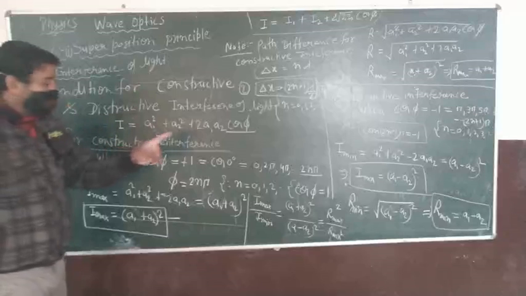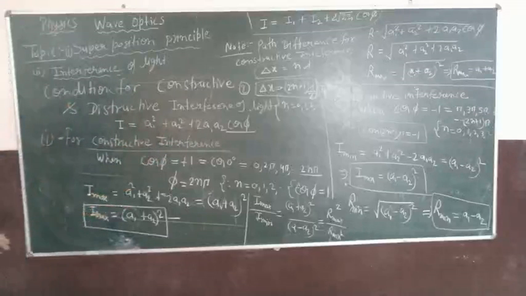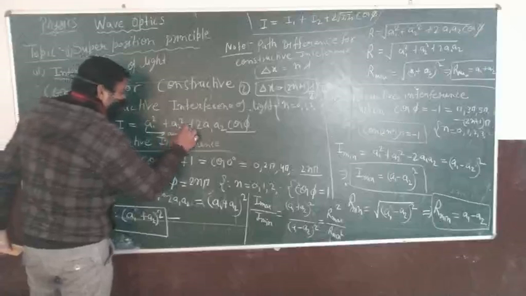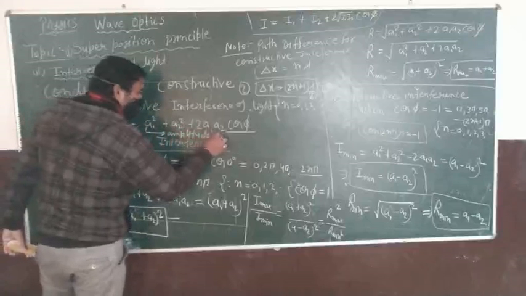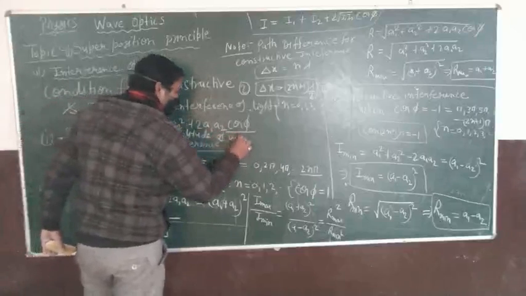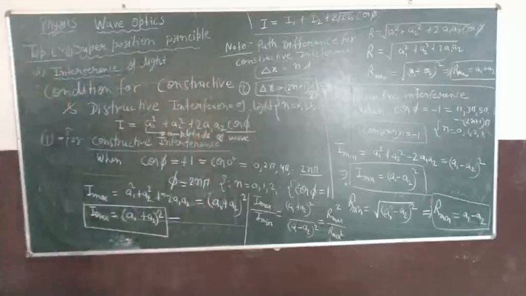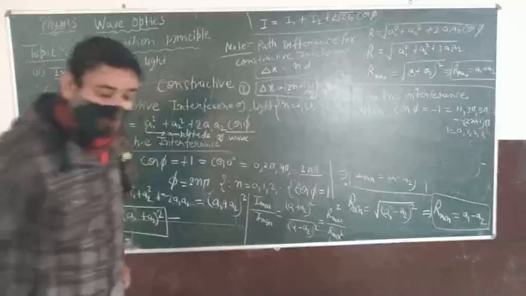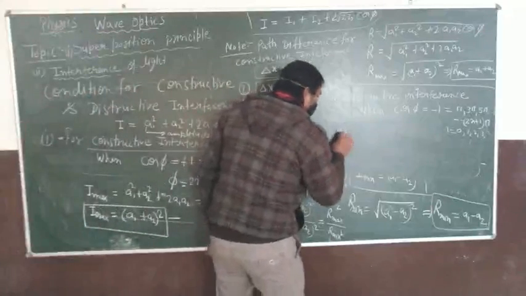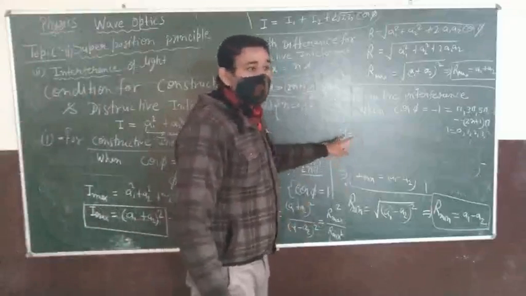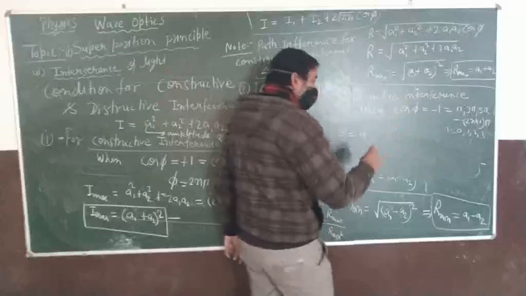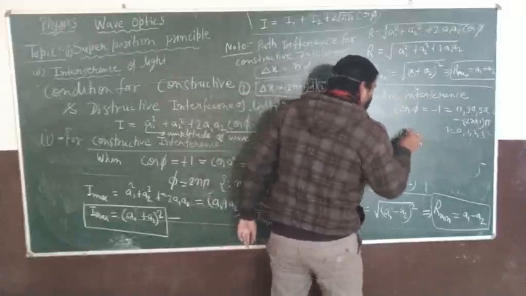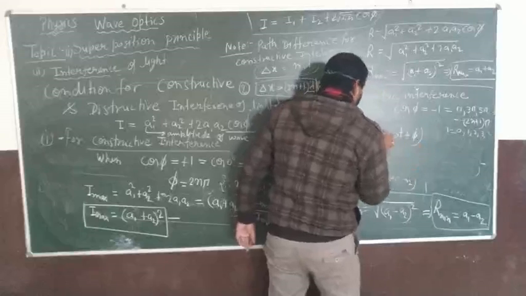I will not tell you much about this A. This A is the amplitude of the wave. You can also understand here that we are using the displacement equation which we calculated after superposition, y is equal to A sin omega t plus phi.